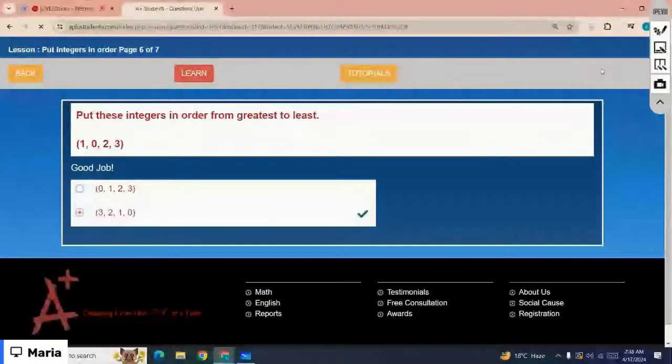Put these integers in order from least to greatest. So which is the correct option?